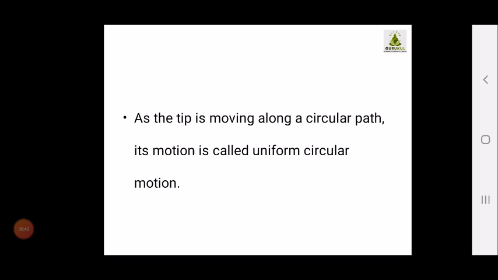As the tip is moving in a circular path, the motion is called uniform circular motion. Which type of motion is the second hand of a clock showing? It is exhibiting uniform circular motion.